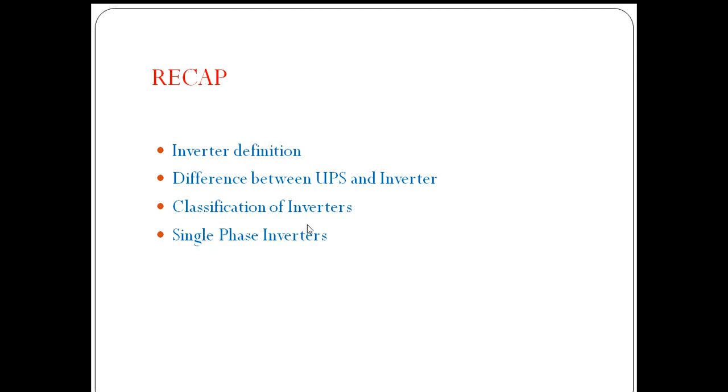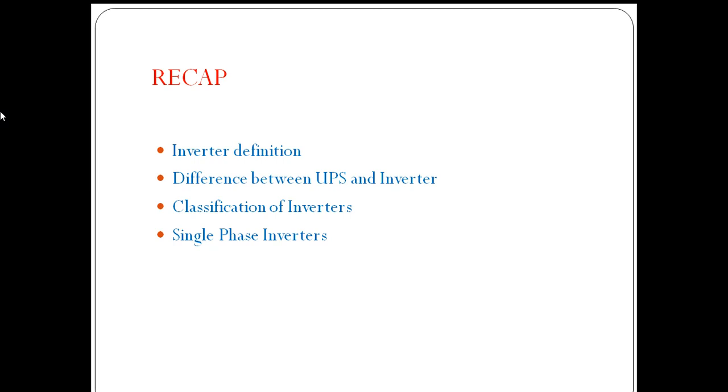And we have discussed the classification of inverters. Inverter classification on various aspects we have discussed in detail. Mainly based on source, inverters are classified as voltage source inverter and current source inverter.